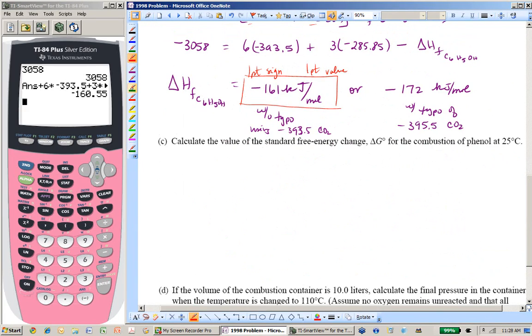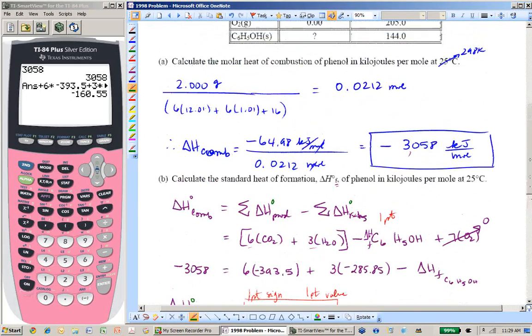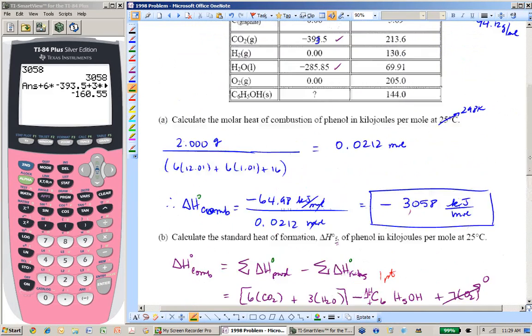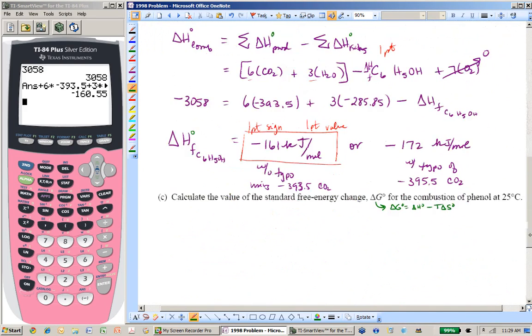All right, let's go green for this one since it's delta G. And I'm understanding that I need delta G equals delta H minus T delta S. And I've been a little sloppy with my signs here. I'm all fixed up now.